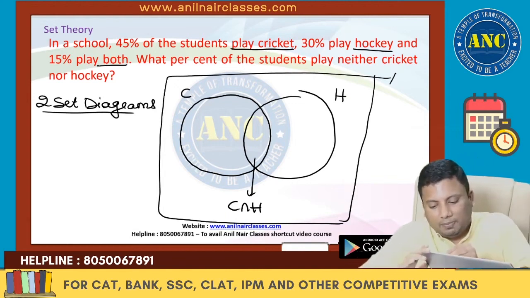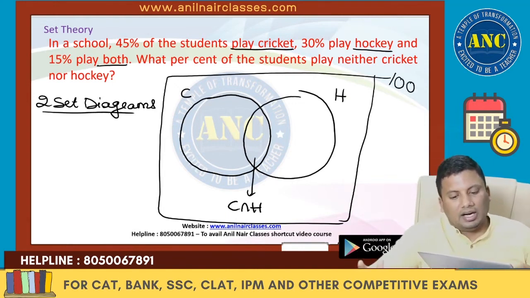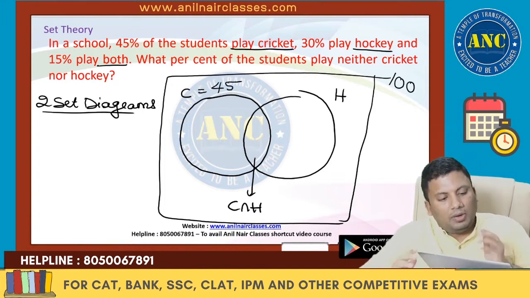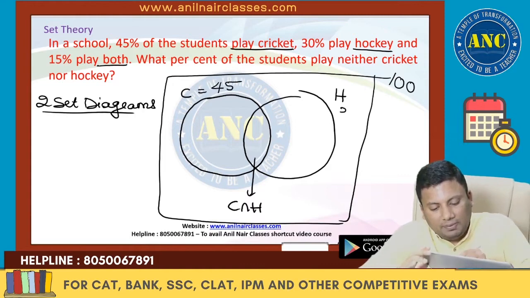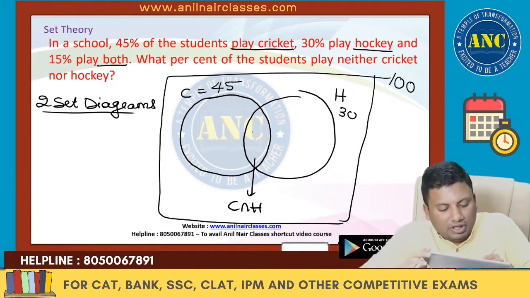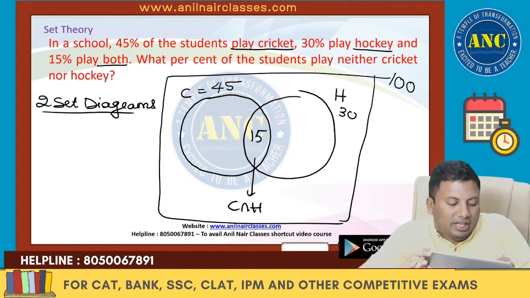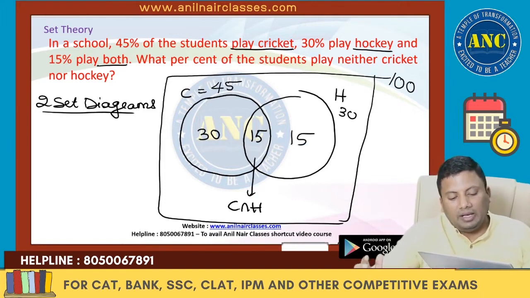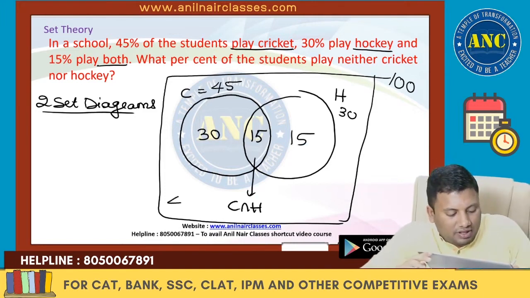It is a percentage, so it is 100. How many play cricket? 45 play cricket. How many play hockey? 30 play hockey, out of 100. 15 play both. So only cricket will be 30, the both region is 15, and 30 plus 30 is 60, so this will be 40.